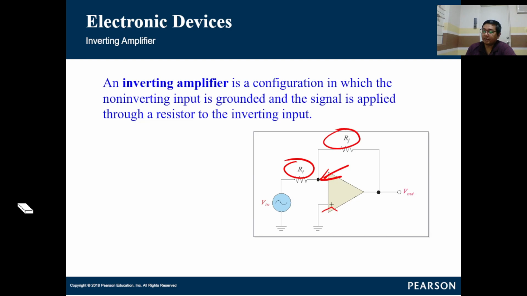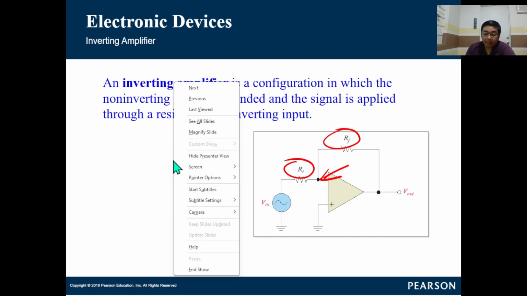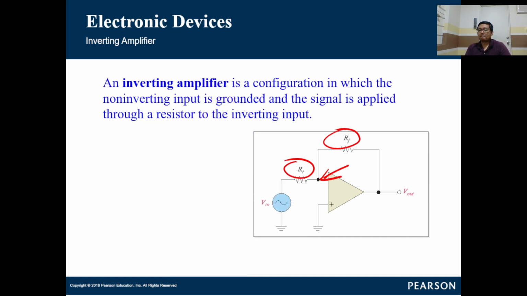All right? And this non-inverting input is directly connected to the ground. Okay, so that's the difference between the inverting and the non-inverting amplifier configuration for the op-amp.